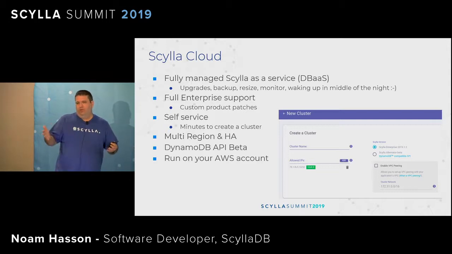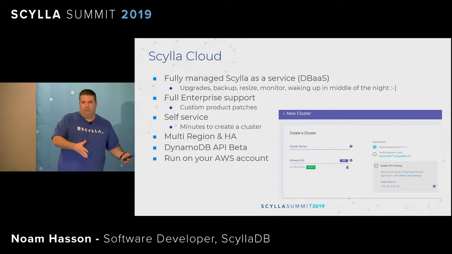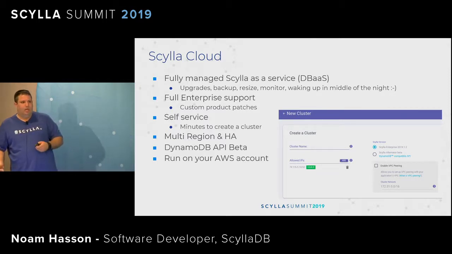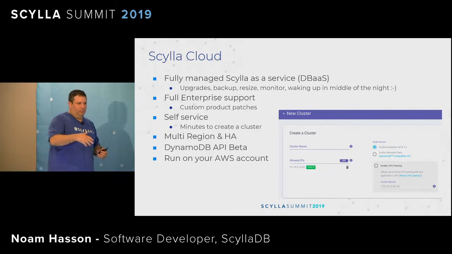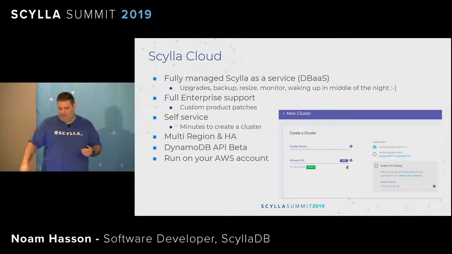For example, some companies have privacy and security requirements in which they need to have all their servers and data located in their AWS account. So this is a great way to achieve that. Another thing is, if your company receives special discounts from AWS, you'll be entitled to them, since we will be creating the servers on your account.